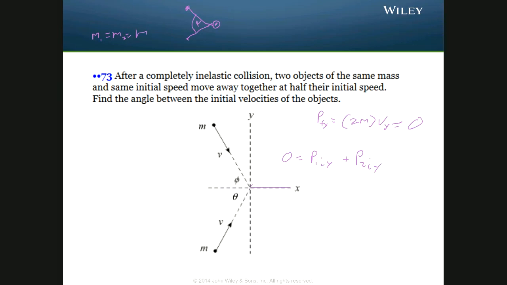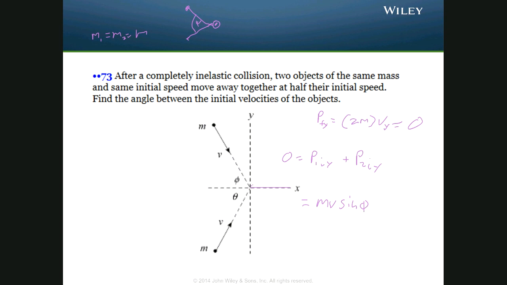And if we look at our first, we can go down and look at our bottom mass here, and I'm picking that one first because I know it's moving in the positive y direction, whereas our top one is moving in the minus y direction, and I just want to keep everything positive. So we can see that we have mv sine phi, or sorry, that is incorrect.